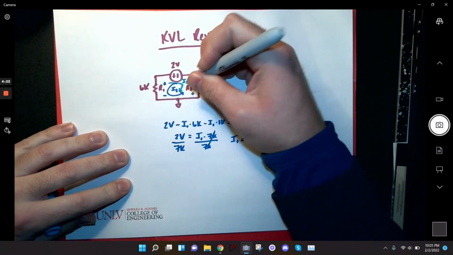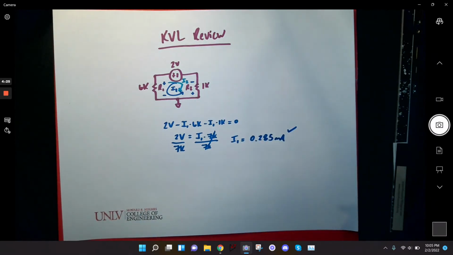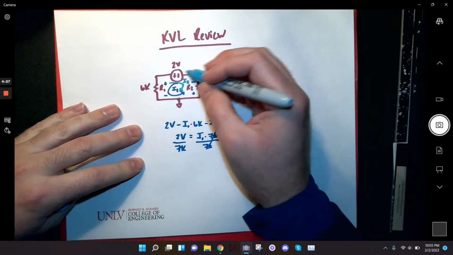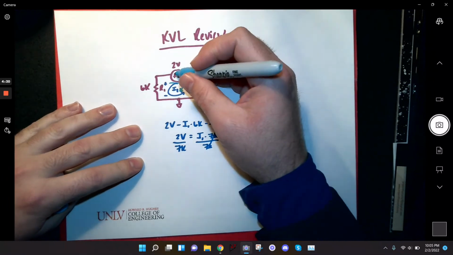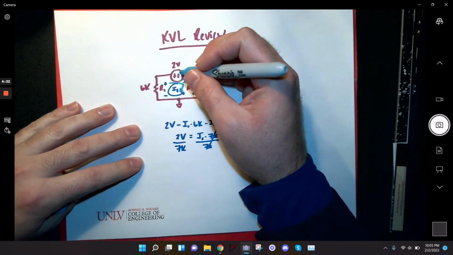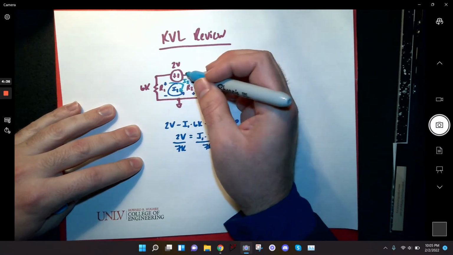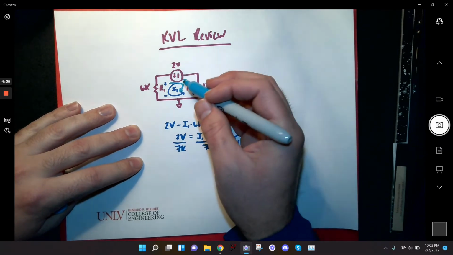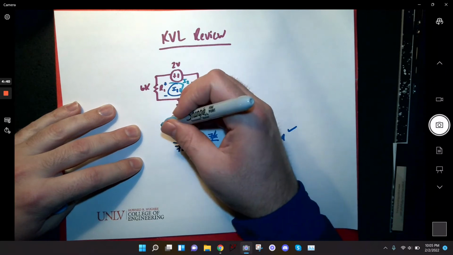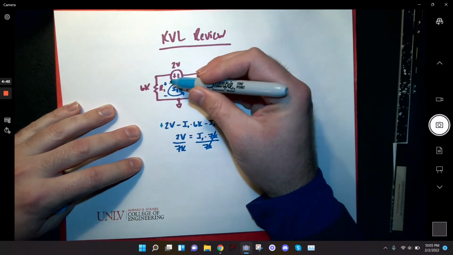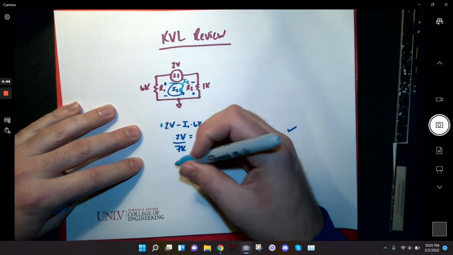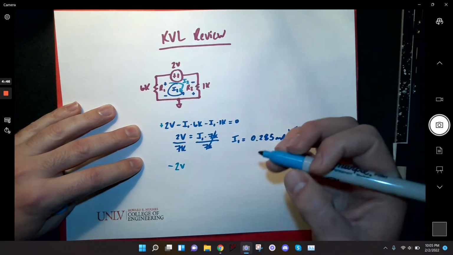We'll call this one I2. So if I were to go this way with the flow of things, I'm going down on the battery. I'm going from plus to minus of the battery. Last time we were going up, so it was plus 2 volts. This time, when I go across the battery, I'm dropping voltage, so I'd say minus 2 volts.